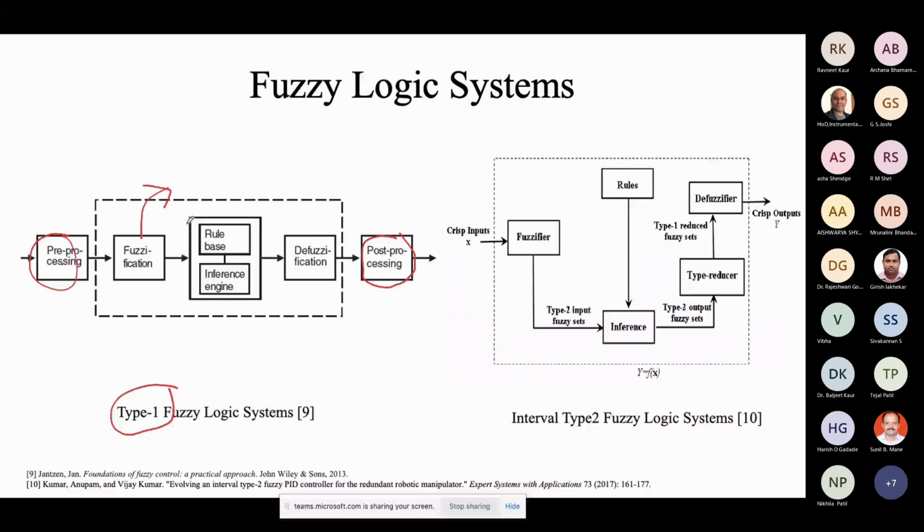The practical value we have, like 1, 2, 3. When we apply this crisp value to the fuzzification block, it is converted into a fuzzy value. And with the help of the rule base and inference engine, we get some rules, and on the basis of the given rules, we get some predefined outputs.